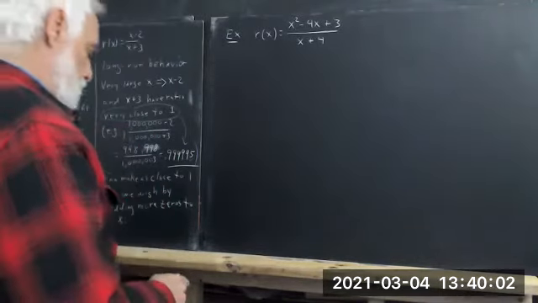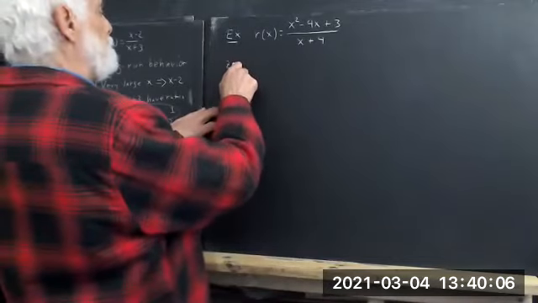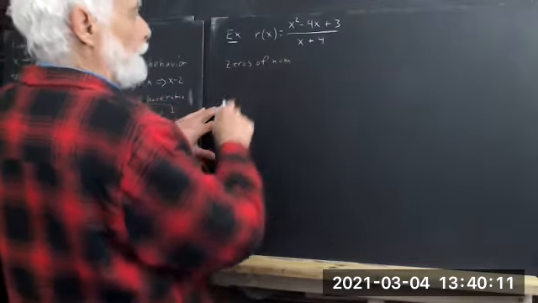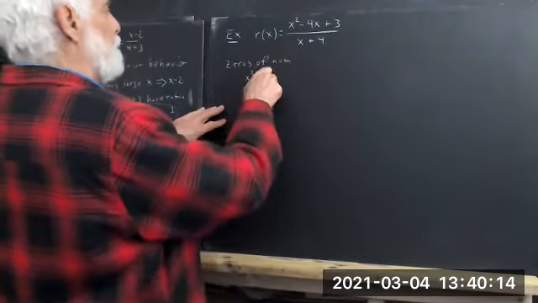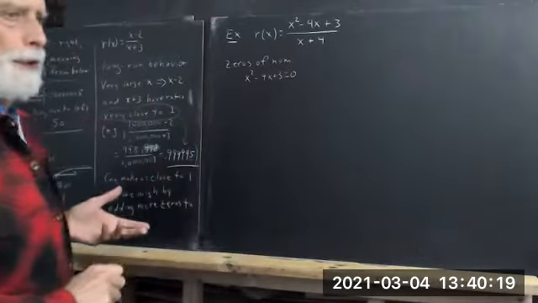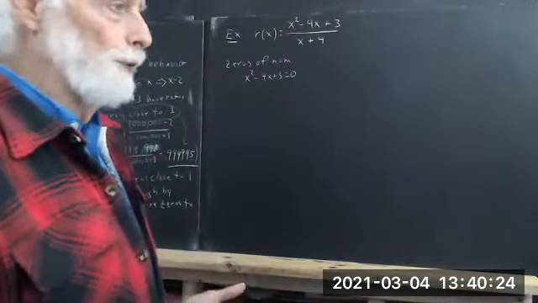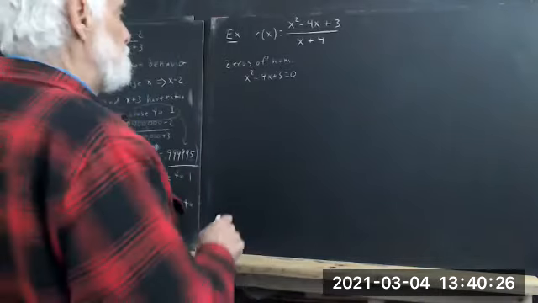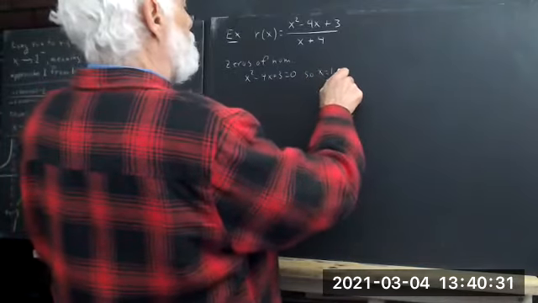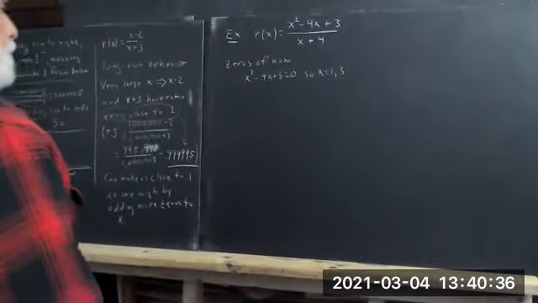Okay, well, it's very easy to see that we can find the zeros of the numerator. We just set x squared minus 4x plus 3 equal to 0. And we solve that. Turns out we can factor this into x minus 3 and x minus 1. The solution set has to be 1 or 3.